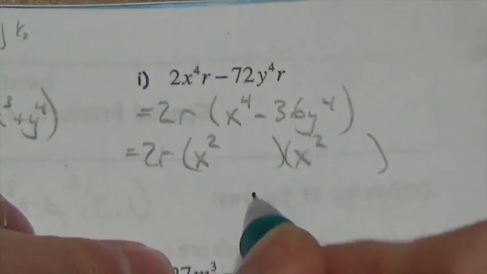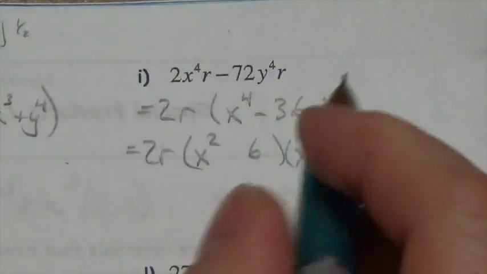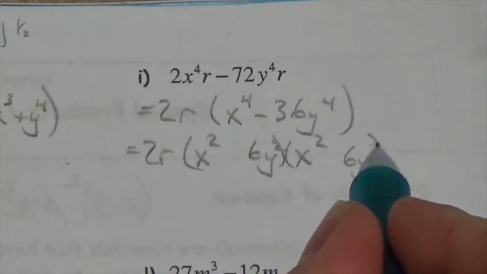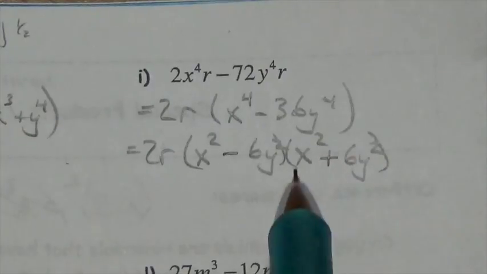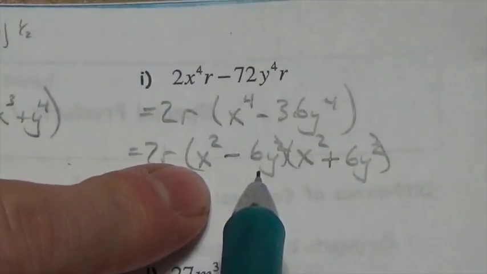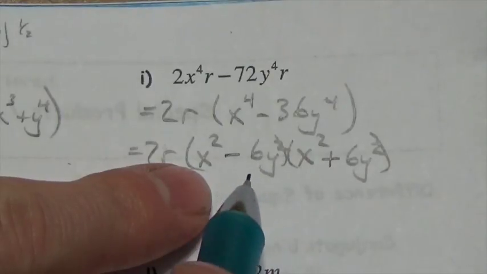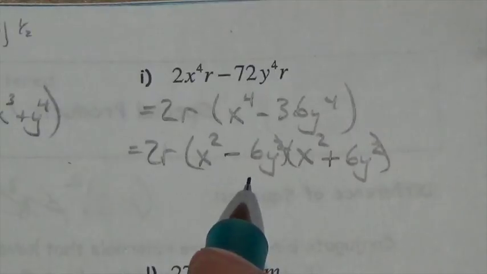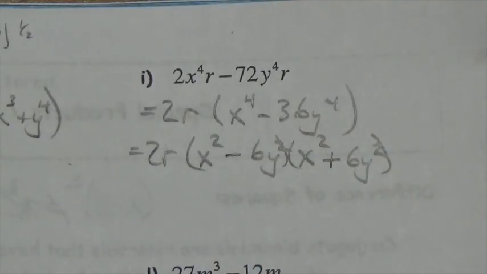So I put x squared there and there. The square root of 36 is going to be 6. And then the square root of y to the 4th will be y squared. And then again, because these are supposed to be the binomial conjugates, this will be subtraction, this will be addition. Now, I would love to make this into a difference of squares, but the truth is that 6 stops me from doing that nice and cleanly, because you can't take the square root of 6, at least not nicely. So this is where we're going to stop right here. That's going to be fine.